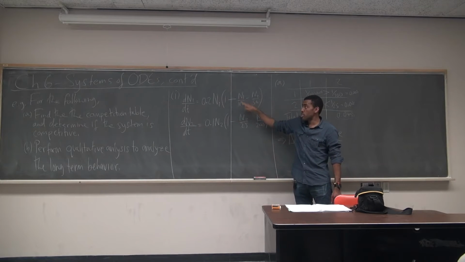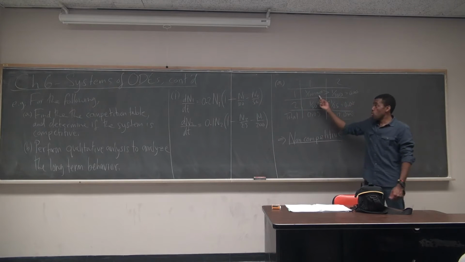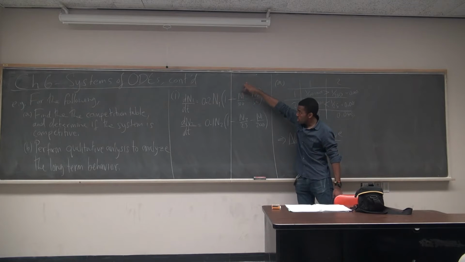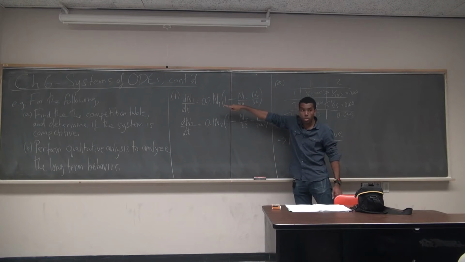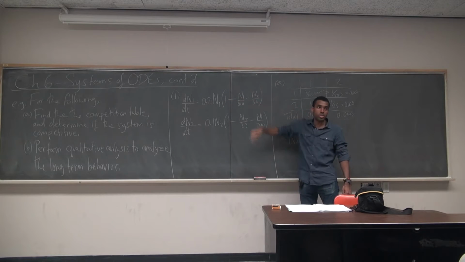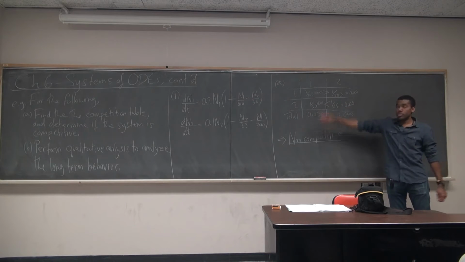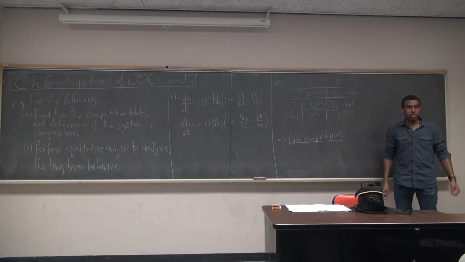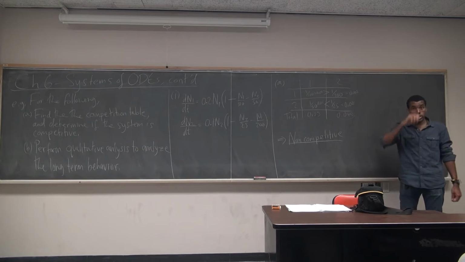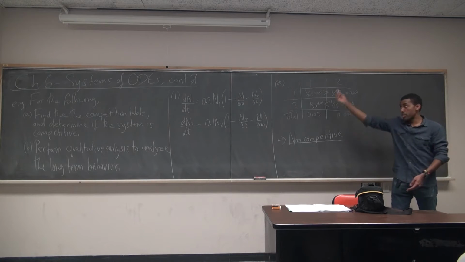The bigger this number is, the less it will grow. So species 2 is slowing down its own growth rate more than species 1 is slowing it down. They're suffering more from competition among themselves than from competition with the other species. So it's non-competitive.